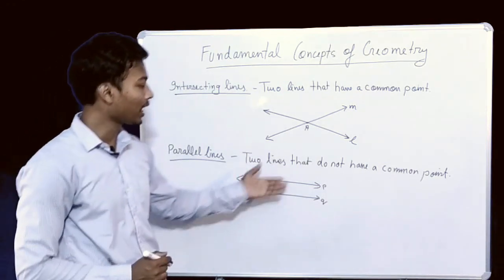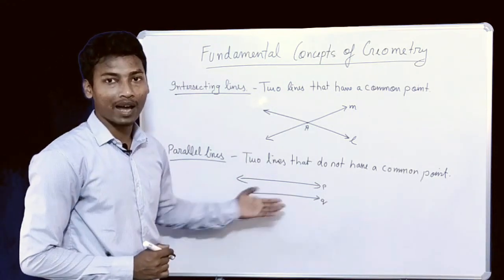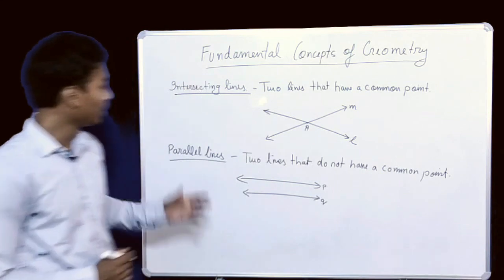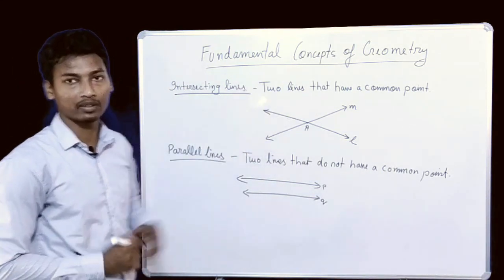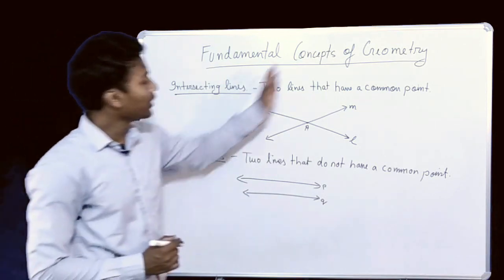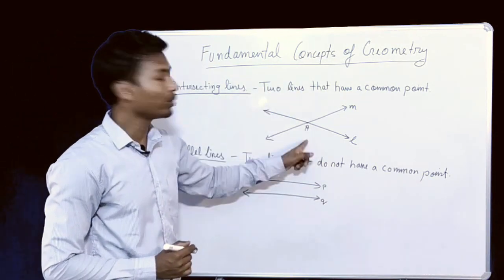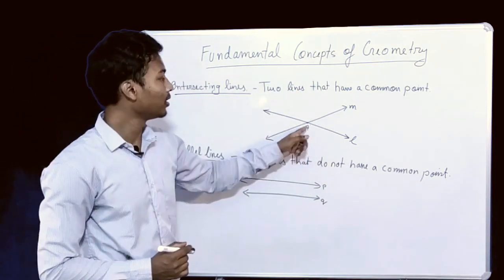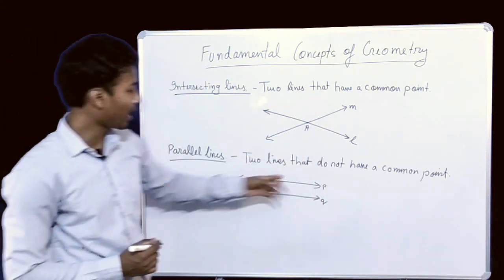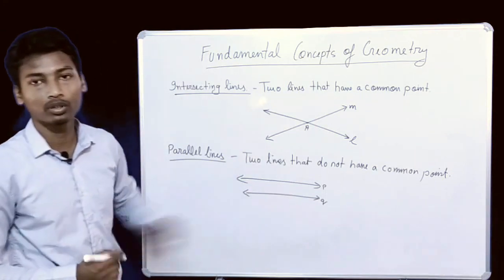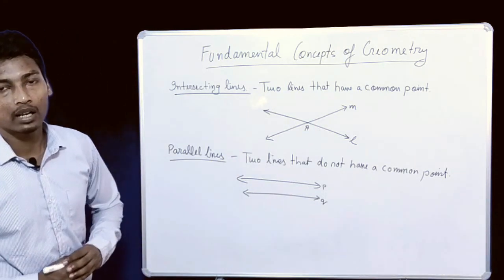So these two lines are said to be parallel lines. Now it is not only in the case of two lines, it can be many lines. Okay, so here if there is another line that is intersecting through A, it will be called intersecting lines. If you have another parallel line here, they will also be termed as parallel lines.